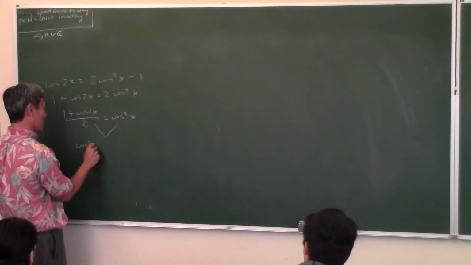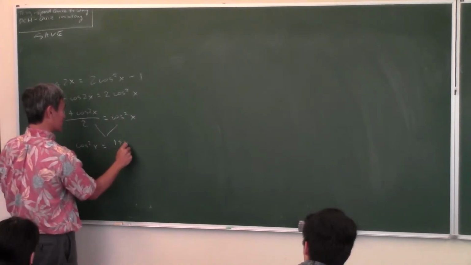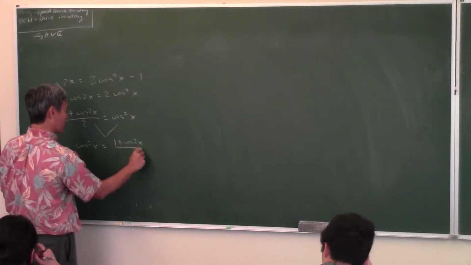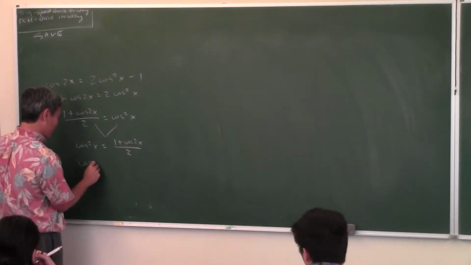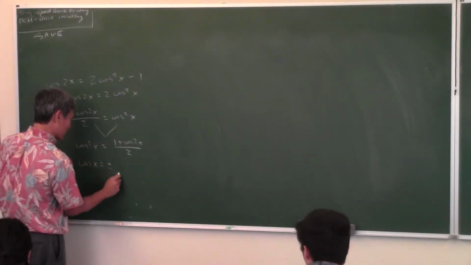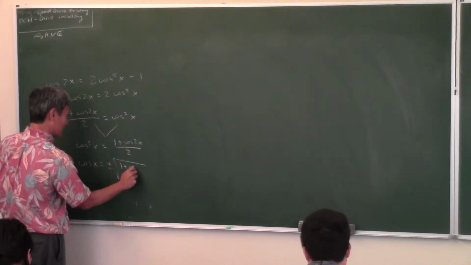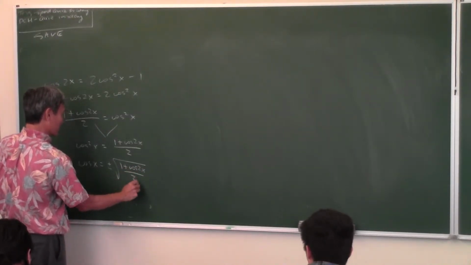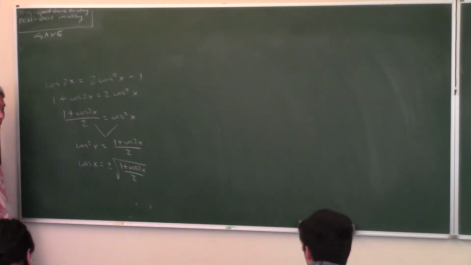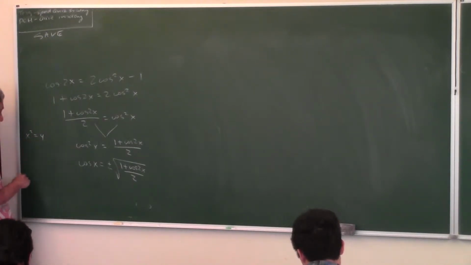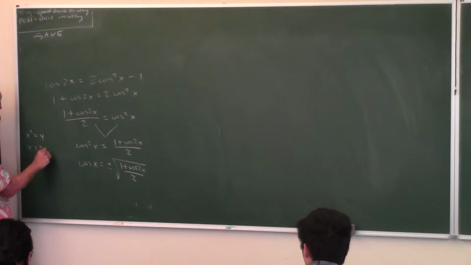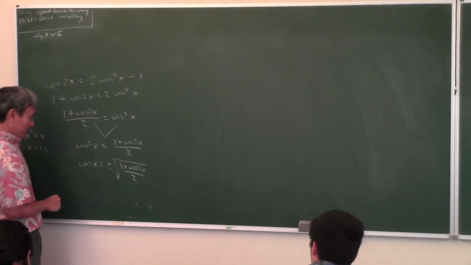So cosine squared x is equal to 1 plus cosine 2x all over 2. Square root both sides. So cosine of x is equal to plus or minus the square root of 1 plus cosine 2x over 2. You guys know why there's plus or minus, right? Like when you go x squared equals 4, square root both sides, x equals plus or minus 2, right? All right, there you go.